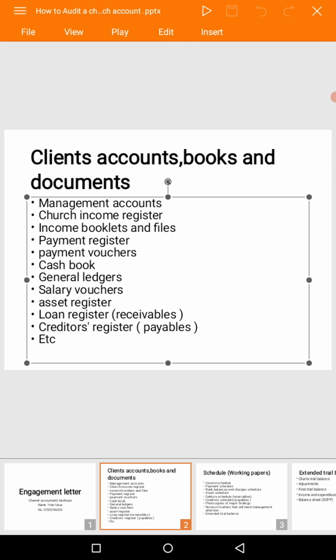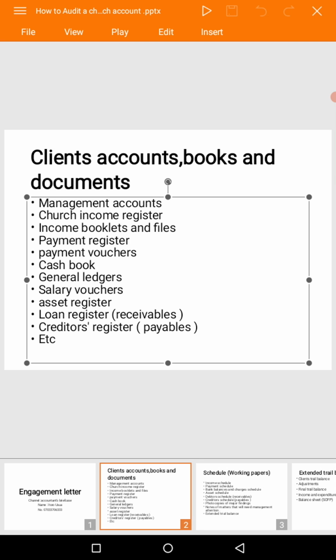When we go to the client's office, we are expected to be given a management account. A management account is simply the financial statements that have been written by the client, his own account. He has accounted for his business activity for the period we need to audit. For instance, we want to audit 2020.